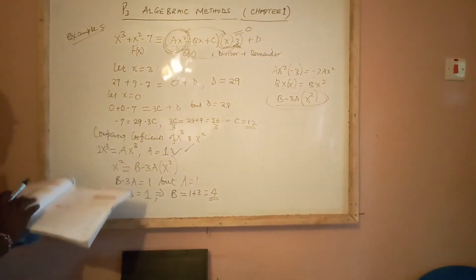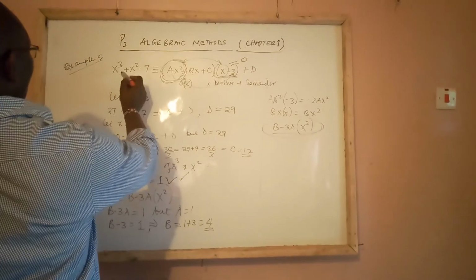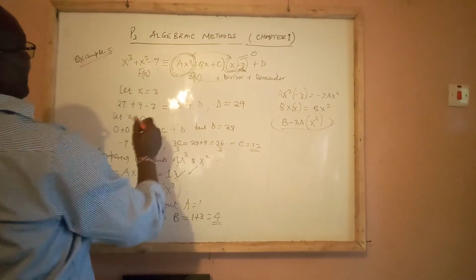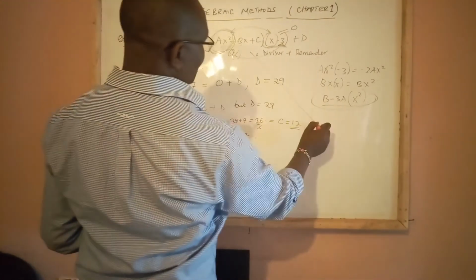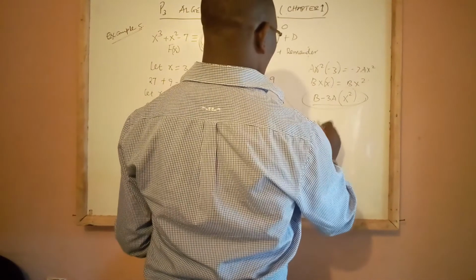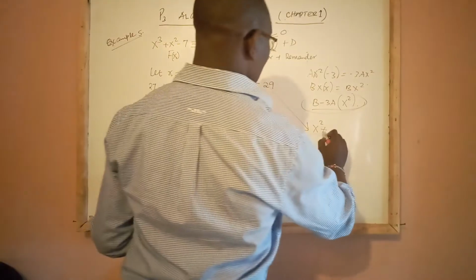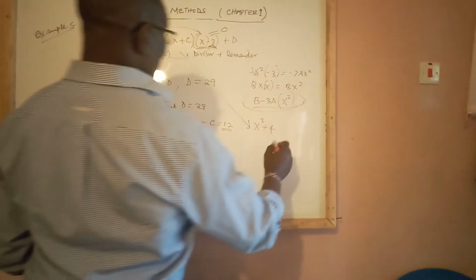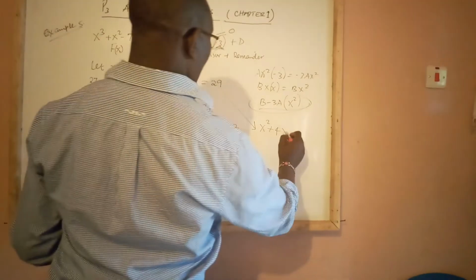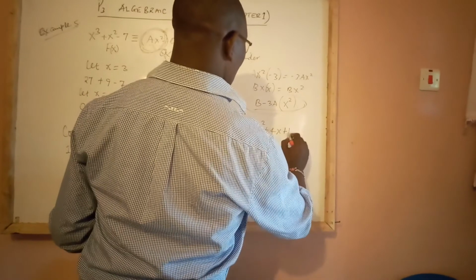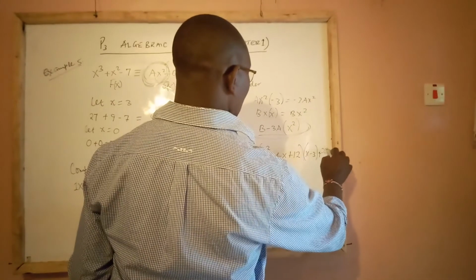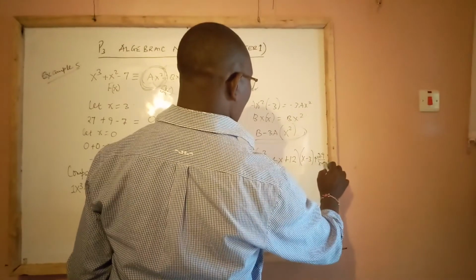All we are saying is that x cubed plus x squared minus 7 is exactly equal to (ax squared plus bx plus c)(x minus 3) plus d. Because a is 1, b is 4, and c is 12, we have (x squared plus 4x plus 12) multiplied by (x minus 3) plus 29 over x minus 3.